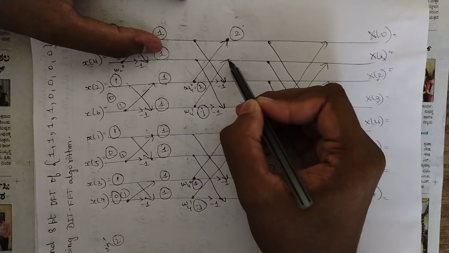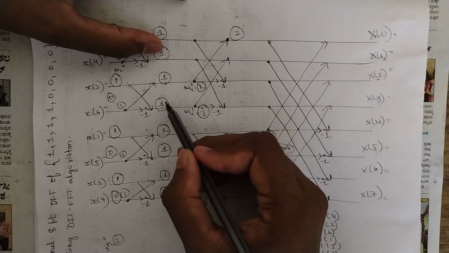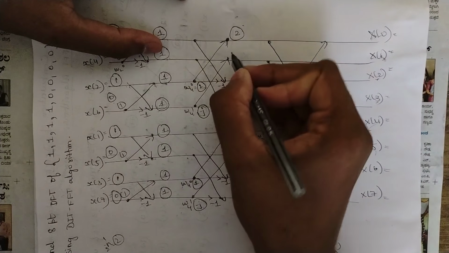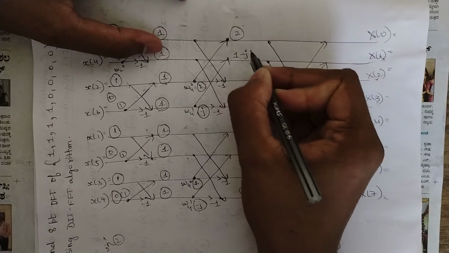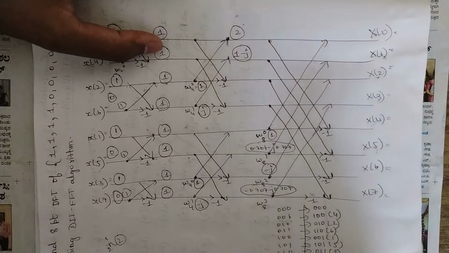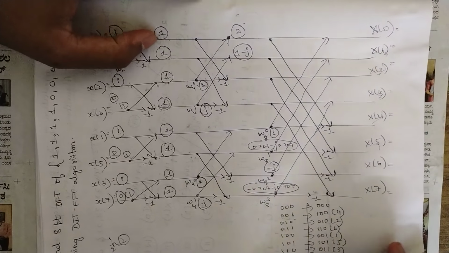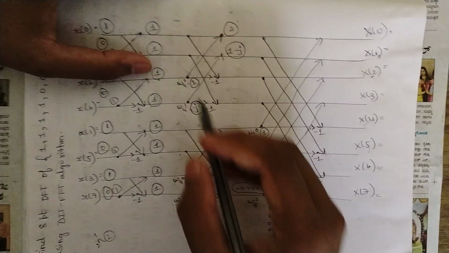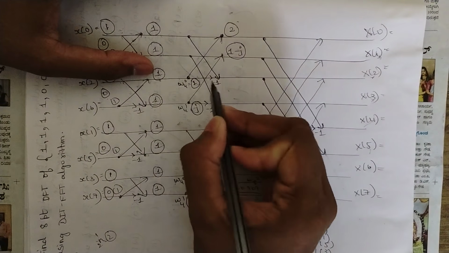Similarly, now this 1 along with this term, that is 1 into minus j, that is minus j. So we have here 1 minus j. Okay, we got one complex term here now. So whenever we have a complex term, we should be very careful in solving it. So next term is 1 into minus 1.